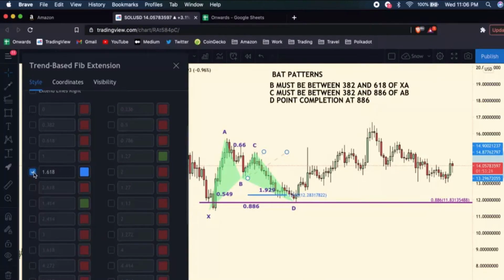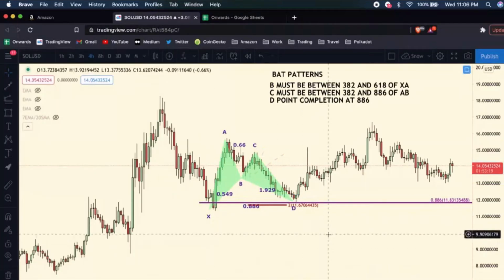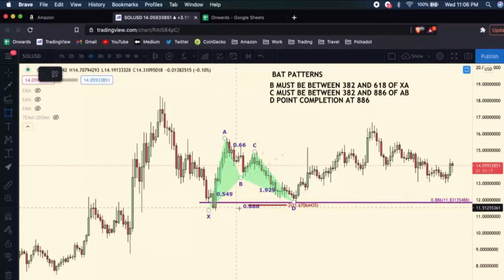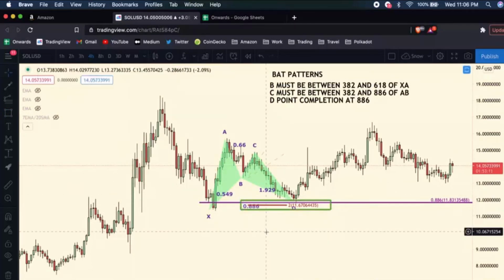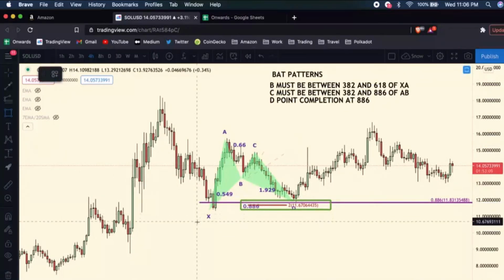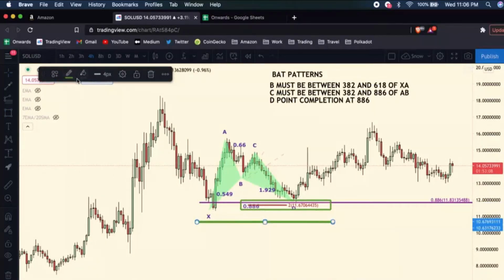We have a 1618 there. We have a 2 right there. So let's put the 2 there. We start building out our potential reversal zone. Make that green because it is a support level. Remember, and that reminds me that our stop loss is below X, very similar to the Gartley pattern.